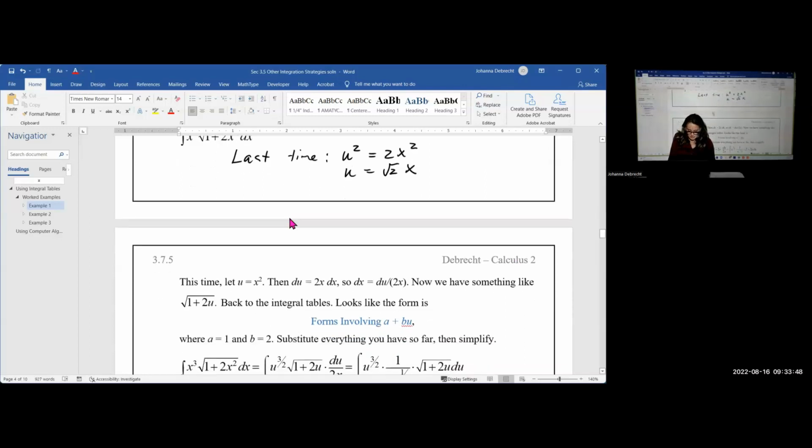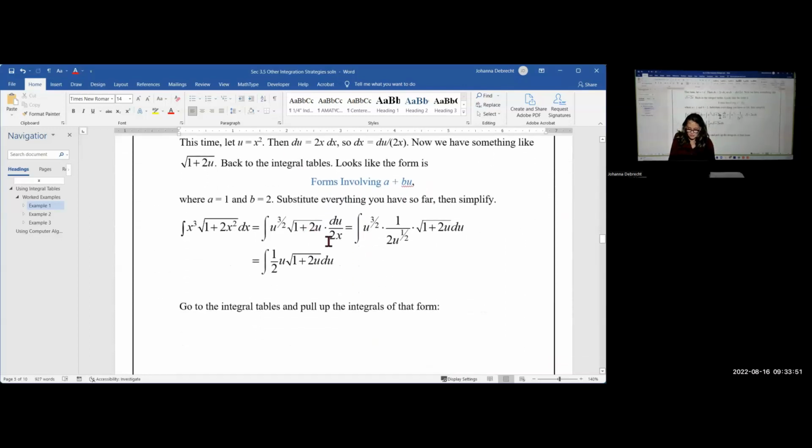Looking at the integral tables, you'll see that there's a form right here which involves what's called a plus bu. A and b are constants in this particular integral table, which is fairly standard. And u, of course, is some function that depends on x. So a is 1 and b is 2.